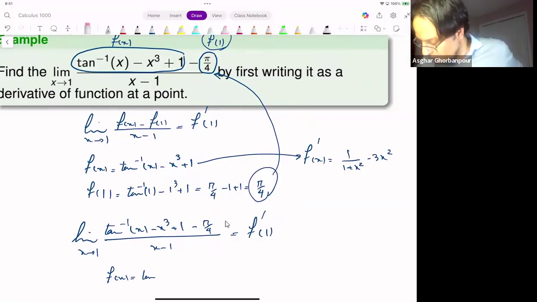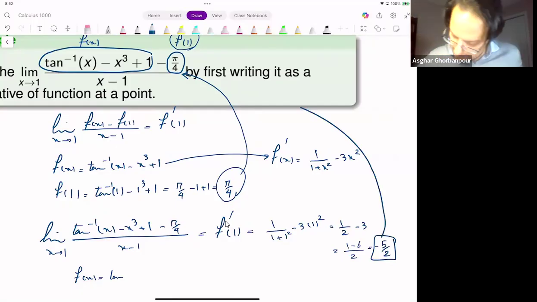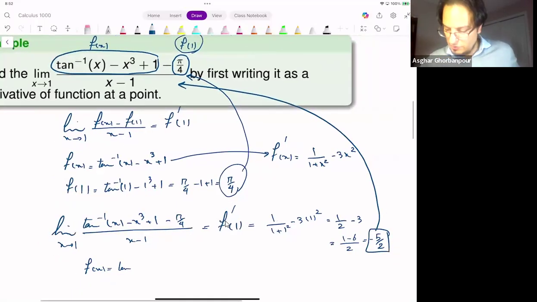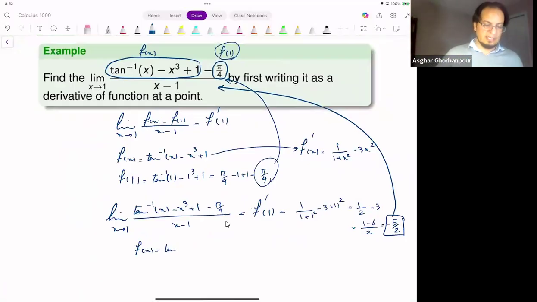So f prime at 1 is 1 over 1 plus 1 squared minus 3 times 1 squared. That is 1 over 2 minus 3, which is 1 minus 6 over 2, negative 5 over 2. That is the value of the limit using the definition of the derivative.